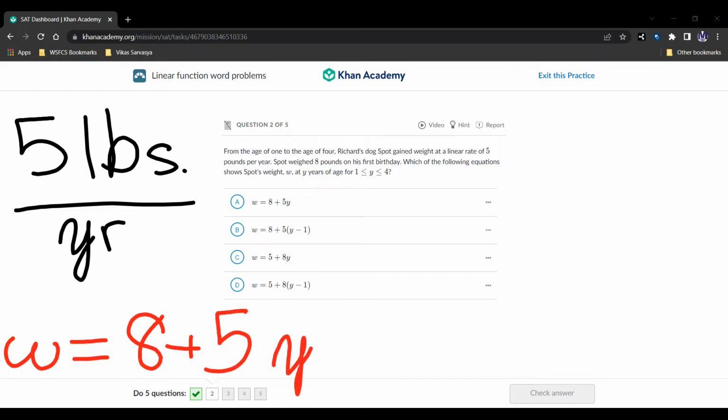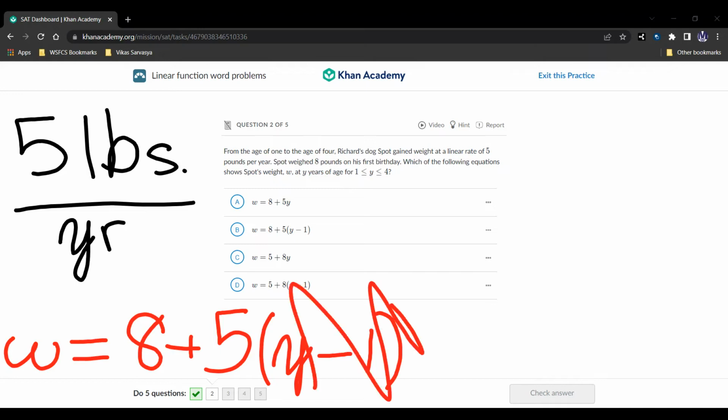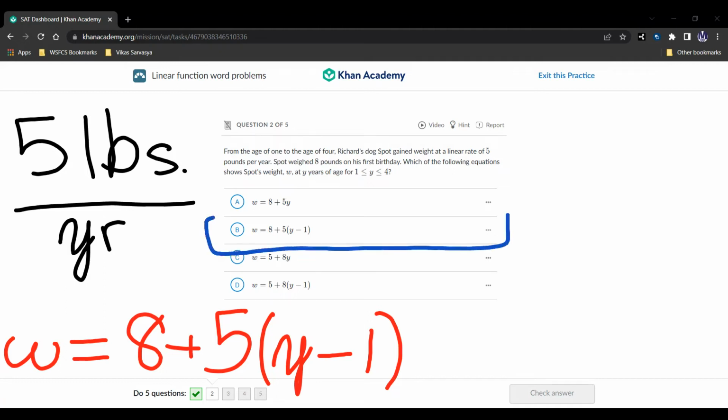But he has 8 pounds on his first birthday, meaning that we have to subtract this 1 here. Right, so that on his first birthday, this part goes away, and he's just left with 8. On his second birthday, he has a 13, and then 18, and on and on. And that would make our answer be choice B, and we are done with that question.